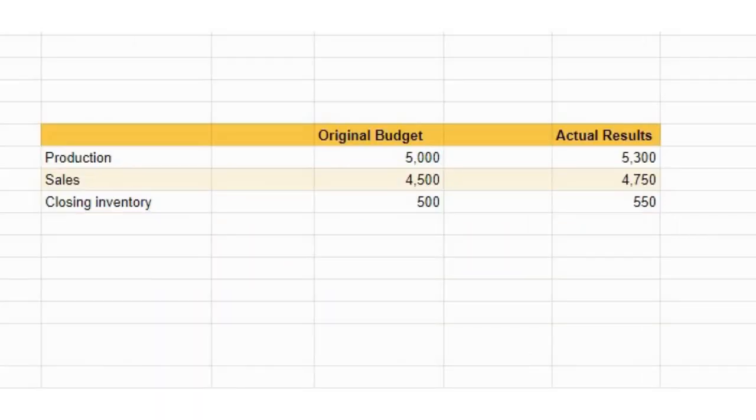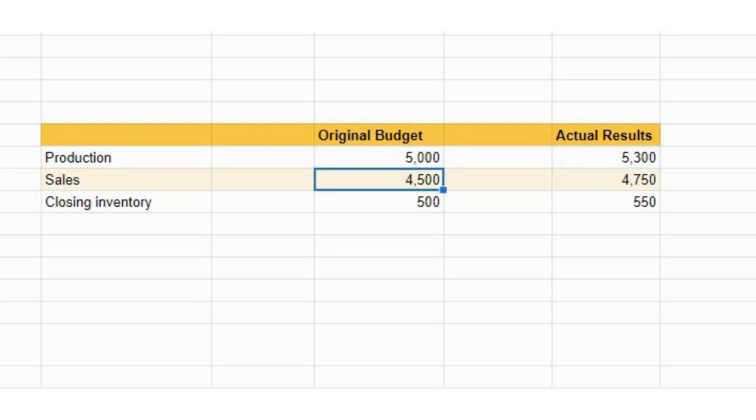So before we go on to make a budget table in the spreadsheet, let's just remind ourselves of what we've got here. The production budget originally was for 5,000 units. Actually during the period 5,300 units were produced.